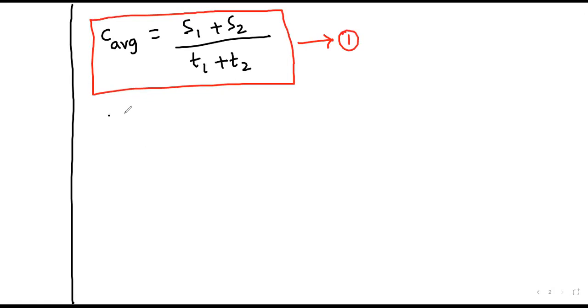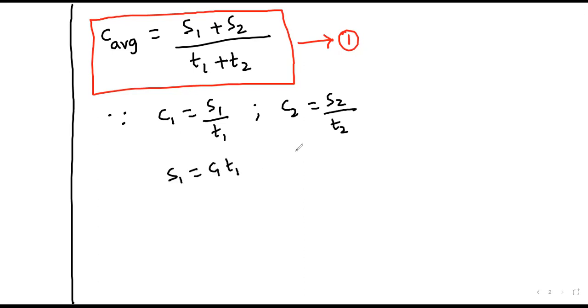Now, by definition, speed is equal to distance by time. Similarly, C2 is equal to S2 by T2. So S1 is equal to C1 T1 and S2 equal to C2 T2.